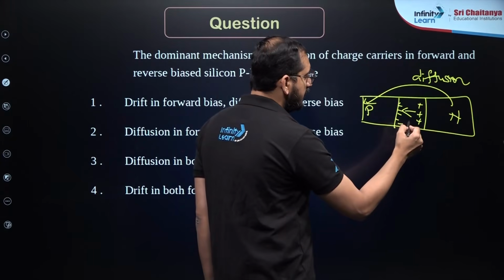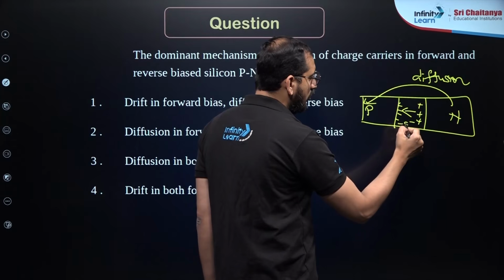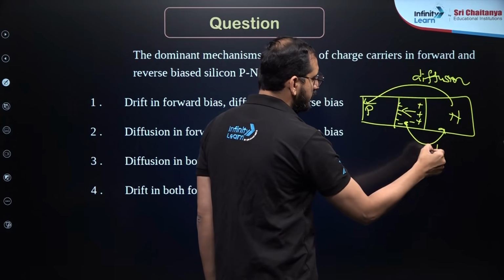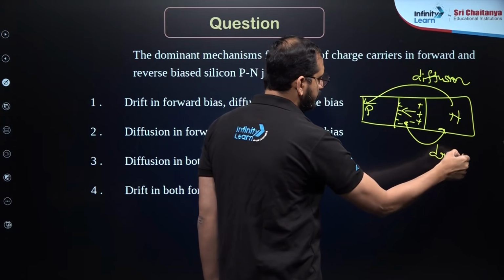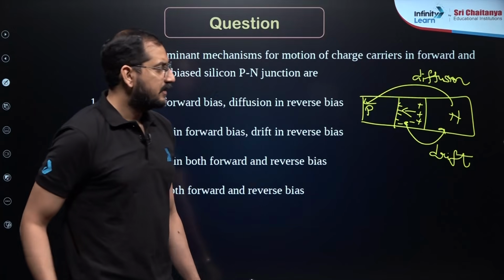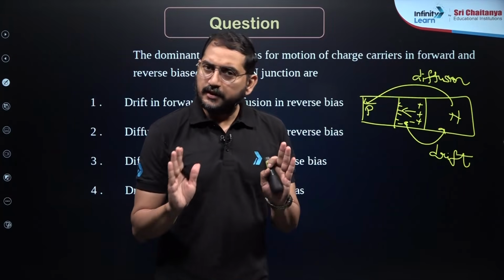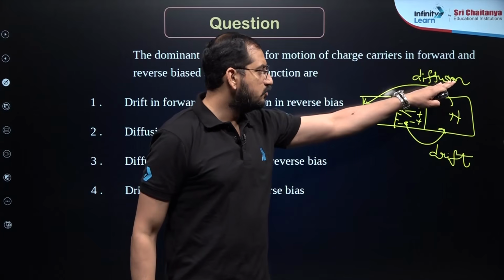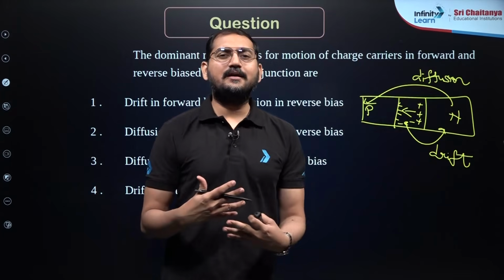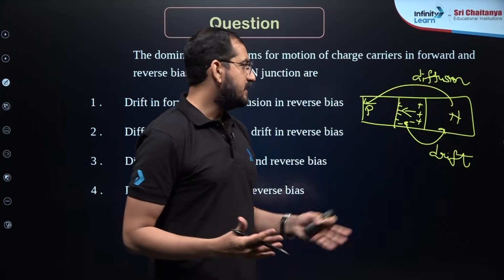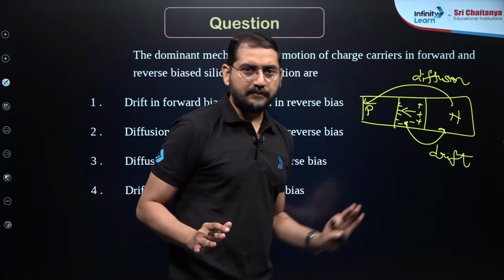Okay, so if there's an electron over here, it's going to be thrown on this side. This is your drift process. When there's no voltage, when there's no biasing, eventually the diffusion current and the drift current will come into equilibrium. Okay, and there will be no net exchange happening.